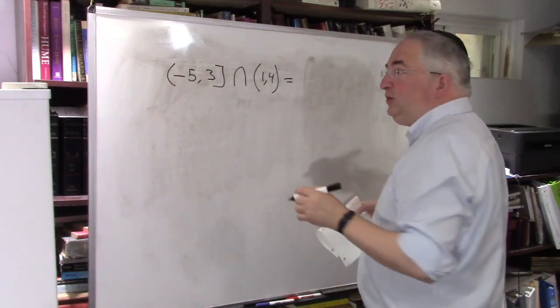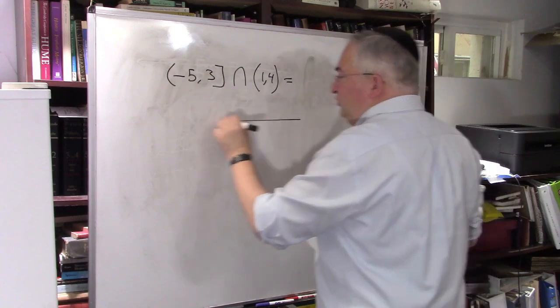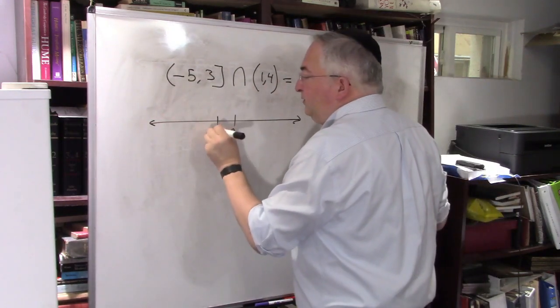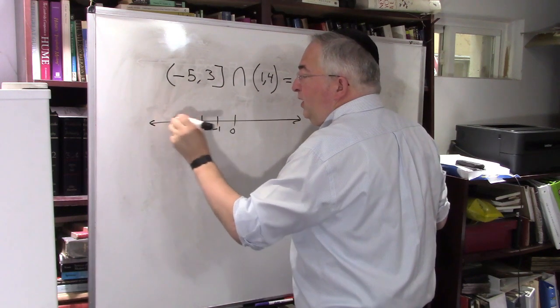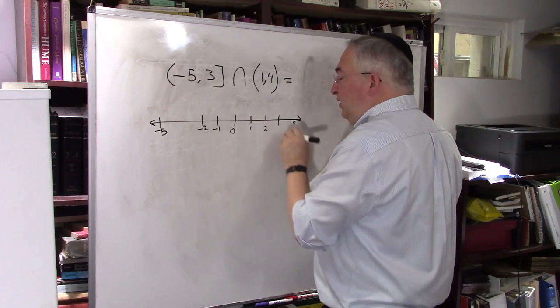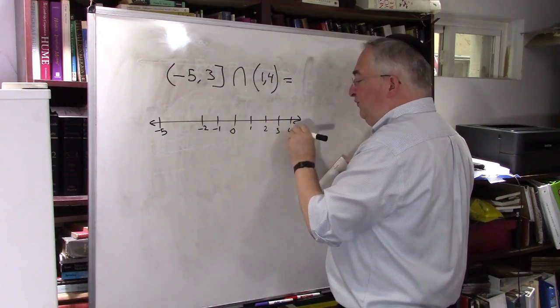So we could draw a picture of them. Okay, so here, let's draw a picture of it. Okay, here's 0, here's -1, here's -2, here's -5. Here's 1, here's 2, here's 3, here's 4.